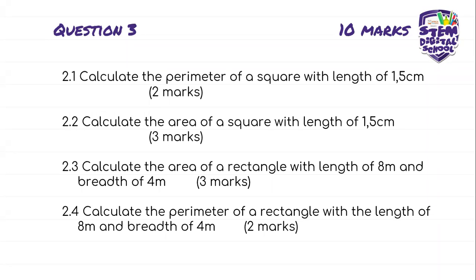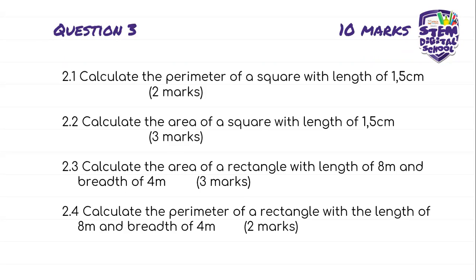So if you don't want to say side times side, you can say length times length. So in other words, A will be equal to length multiplied by the length. Remember, the length is equal in a square. Therefore, it is the same, which is 1,5 multiplied by 1,5. Can we proceed now to the next one?